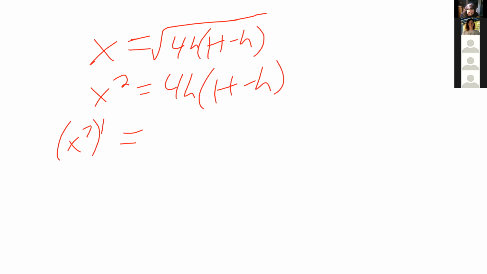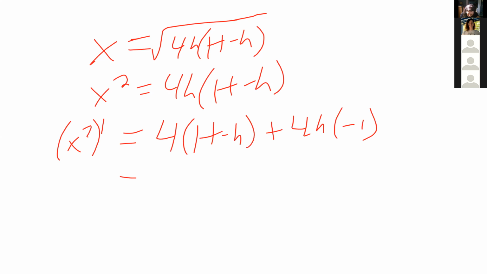Derivative of the first is just 4 times the second, H minus h, plus the second times the derivative, plus the first times the derivative of the second, which is 4 little h times the derivative of big H, which is 0, derivative of minus h is minus 1. And so this is 4 big H minus 4 little h.